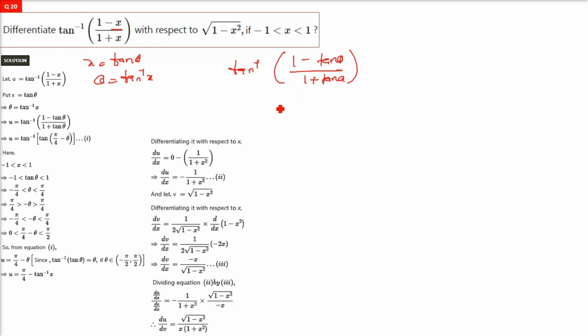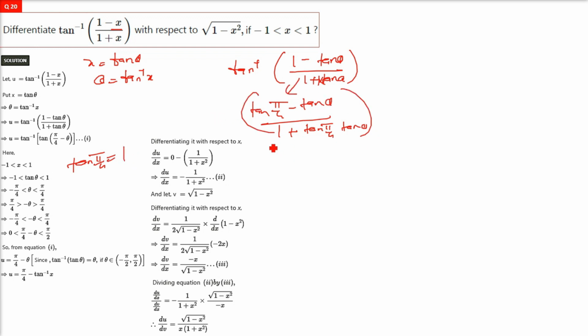So 1 you can write as tan pi by 4, because tan pi by 4, or tan 45 degrees, is 1. So tan pi by 4 minus tan theta divided by 1 plus tan pi by 4 tan theta. Tan pi by 4, as I just indicated, is 1. So this becomes tan of (a minus b), tan of (pi by 4 minus theta), and tan inverse is already there.